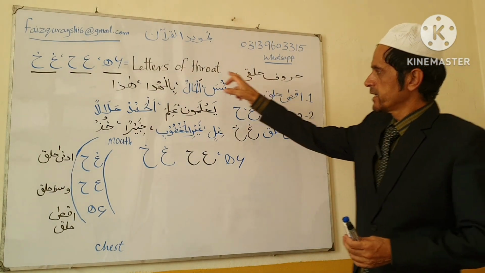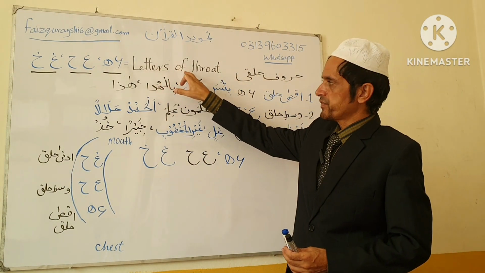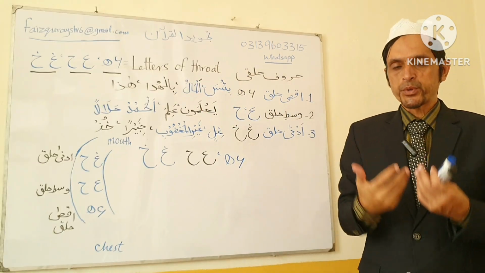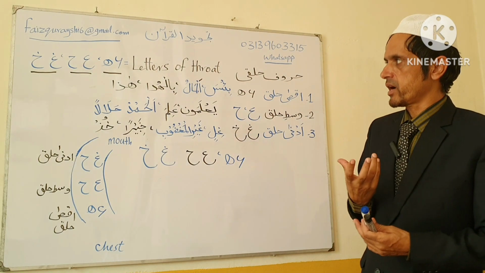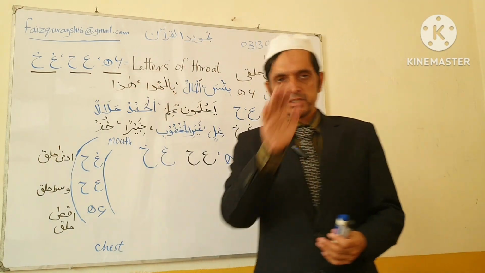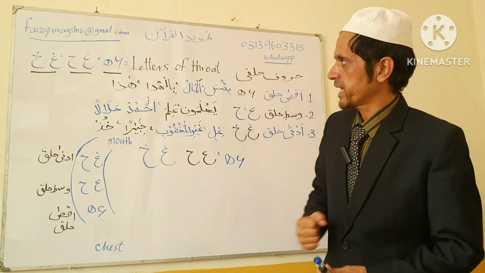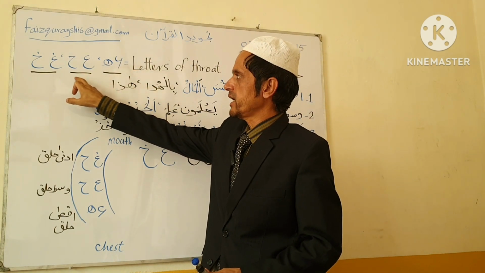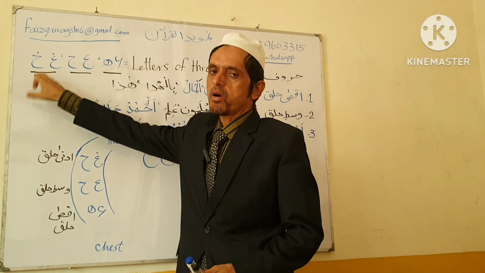They are 6 letters in the Arabic language: Hamza, Ha, Ain, Ha, Ghain, Kha.